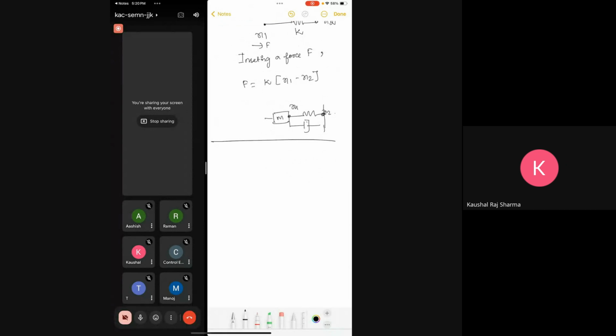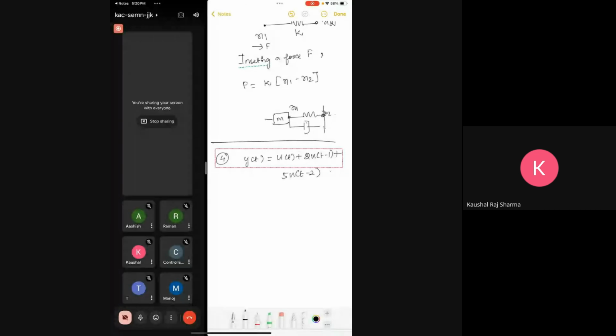Now we will see another example for a static and causal system. I'm giving this example: y of t is equal to u of t plus u of t minus 1 plus u of t minus 2.